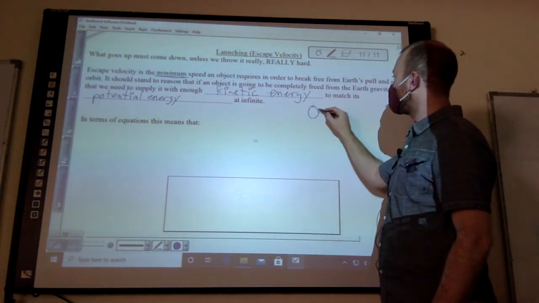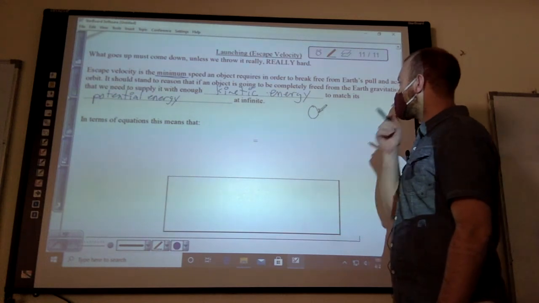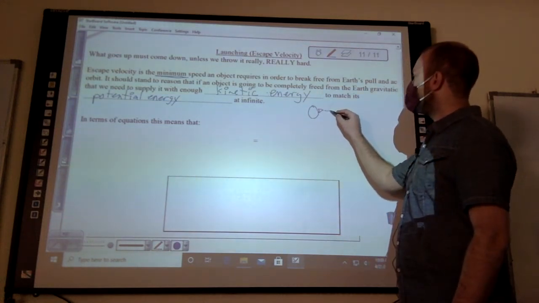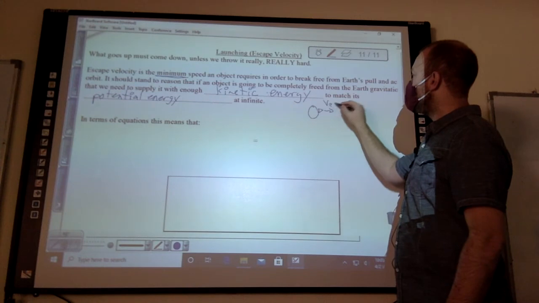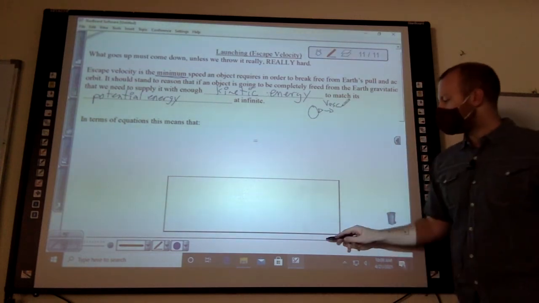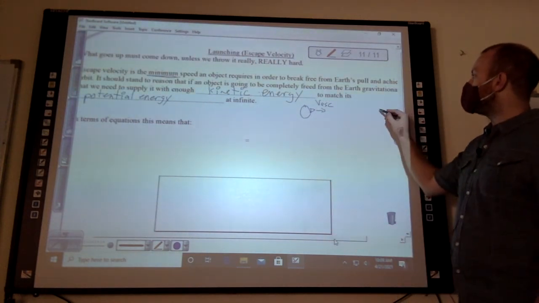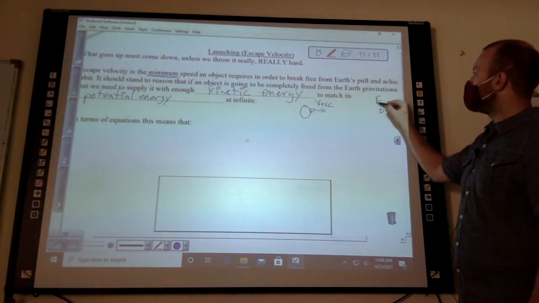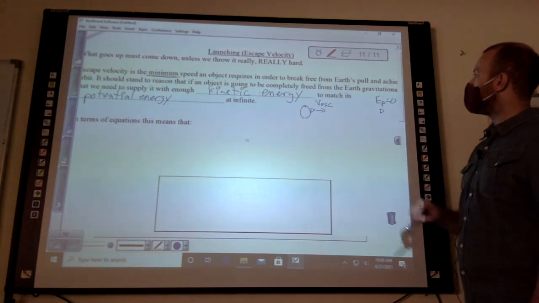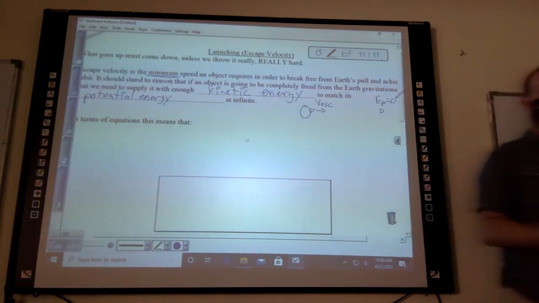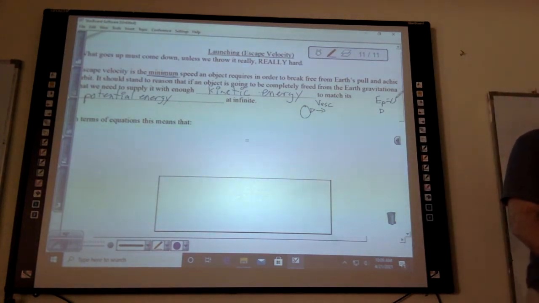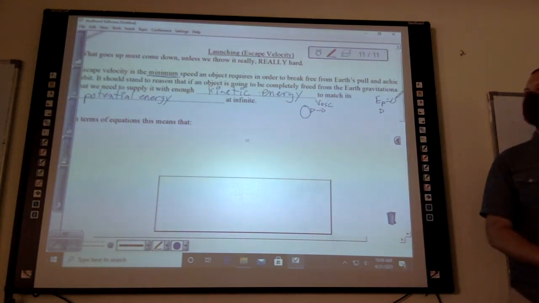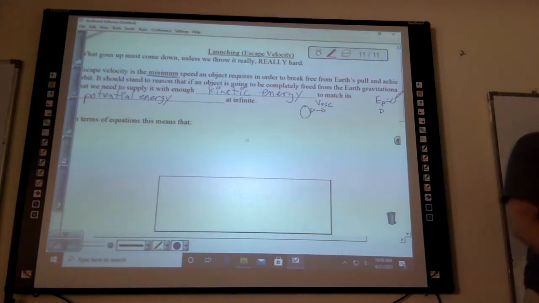Here's a planet. Here's our little satellite. And we want to launch it at some V escape, so that eventually it reaches some point where your potential energy is 0. It only escapes Earth's gravity when it's at an infinite distance. Infinite being a relative term, but yes.